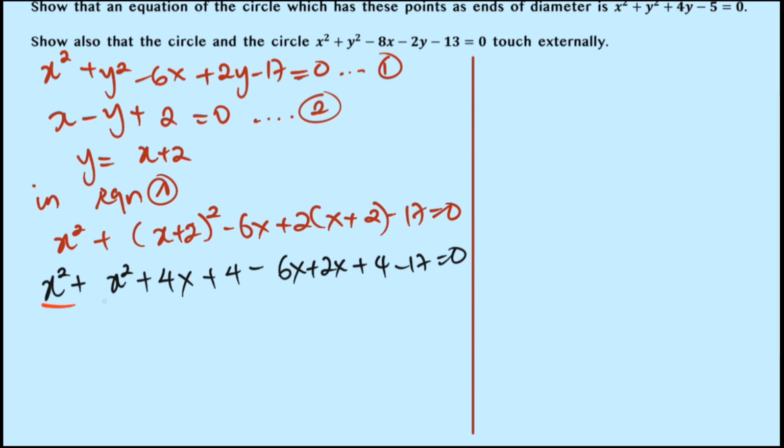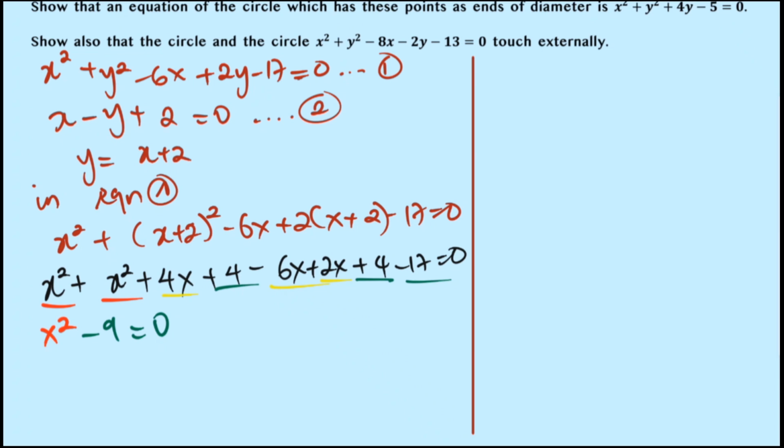So I'm just going to color code this. x squared, that will be x squared. Then we have x's, 4 minus 6 plus 2, which is 0, cancels out, so 0x. And then lastly, the constants, which are 4 and 4 again. 4 plus 4, which is 8, minus 17, that will be a negative 9. So x squared minus 9 equal to 0.